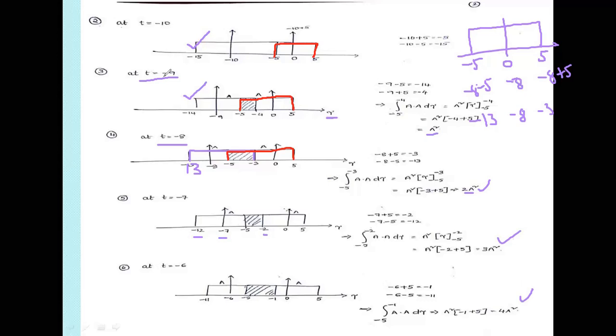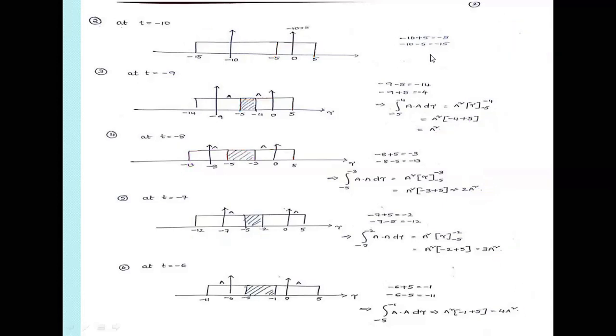At t equal to minus 10, minus 9, minus 8, minus 7, minus 6, the value goes on increasing. Minus 8 is less than minus 7. It goes on increasing the values from 0. Let us take the magnitude A square from 0: 1A square, 2A square, 3A square, and 4A square.